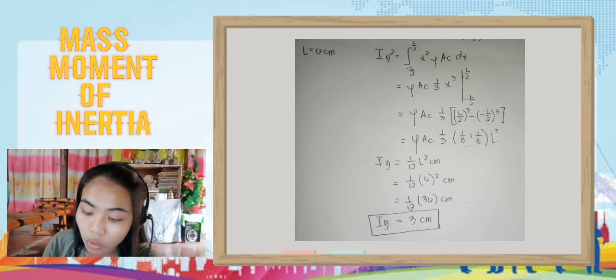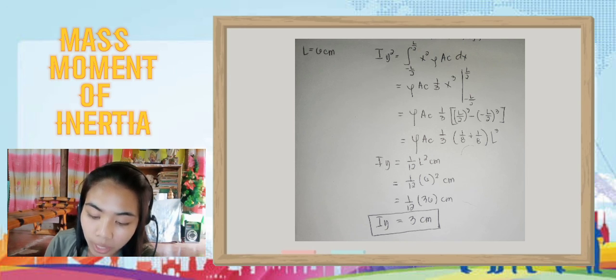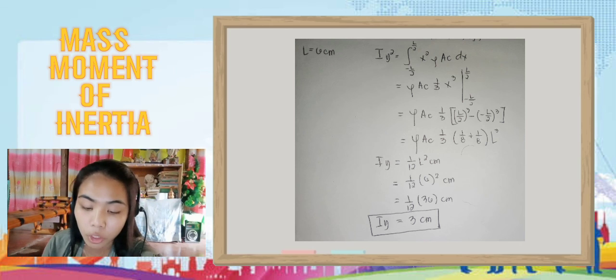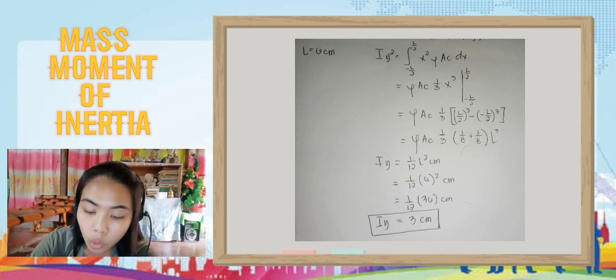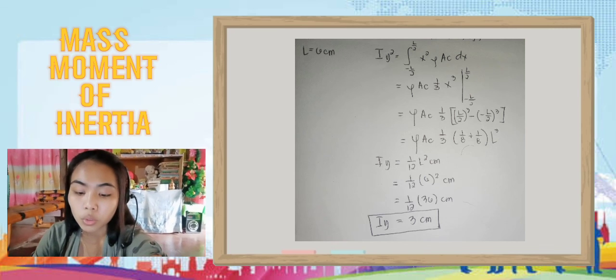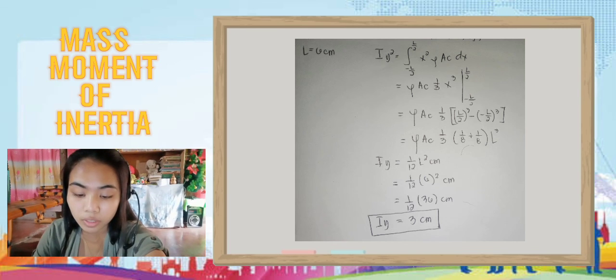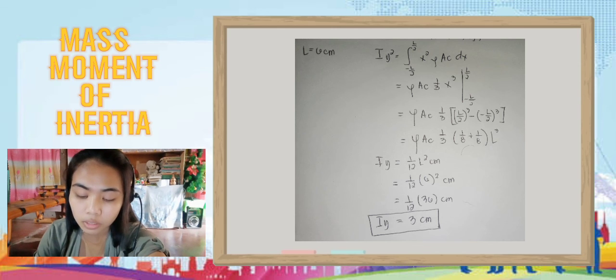So, ang I_y natin is equal to 1/12, kasi 1/3 times 1 over 8 plus 1 over 8 magiging 2 over 8, times 1/3 magiging 2 over 24. So, magiging 1 over 12 siya, times length squared, kasi nag-integrate tayo, centimeters.